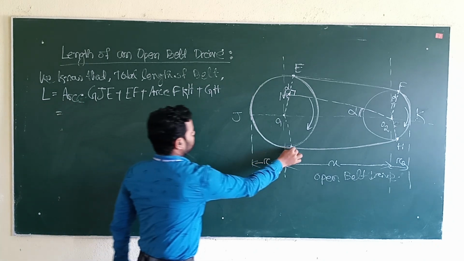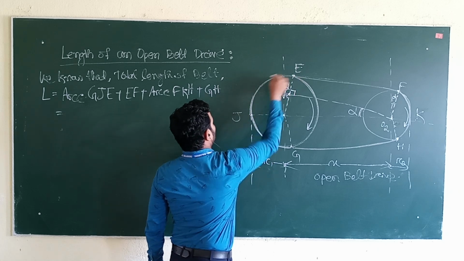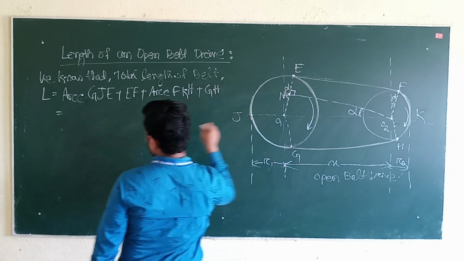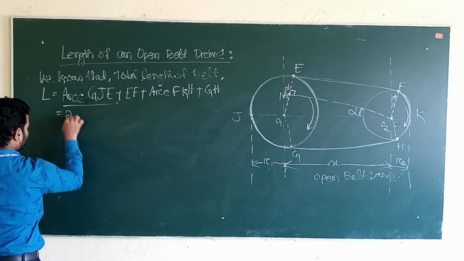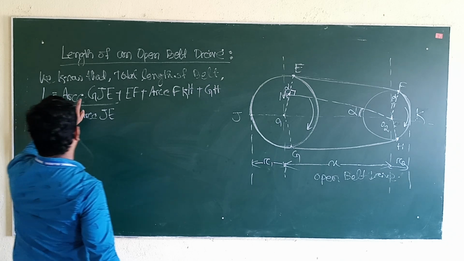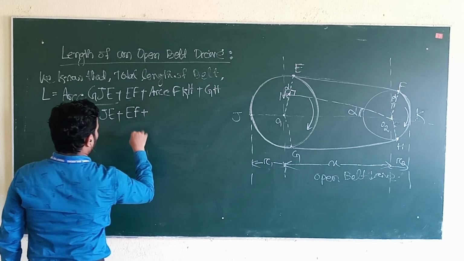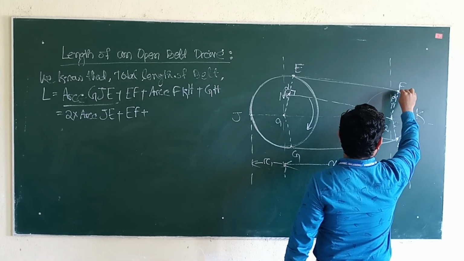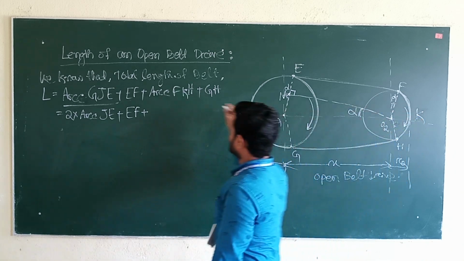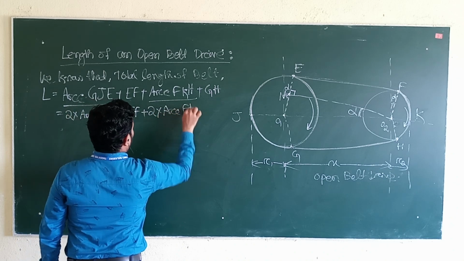Again, for the arc GJE, J is the midpoint of arc GJE. So twice arc JE is the total arc GJE. Similarly, for the total arc FKH we can write twice arc FK.